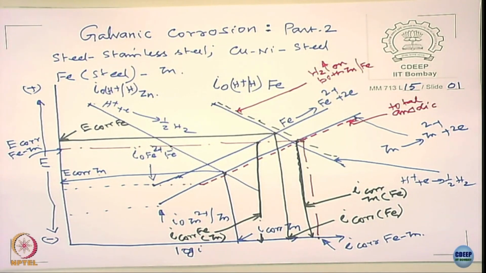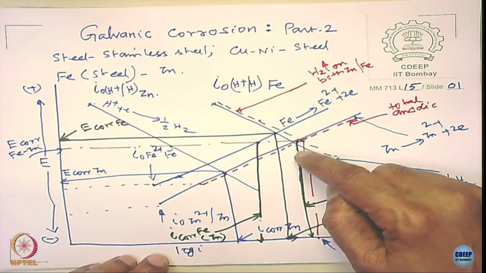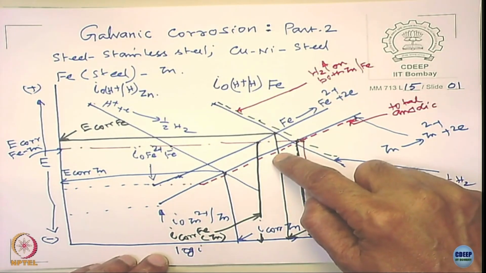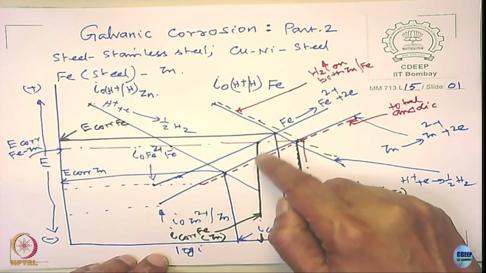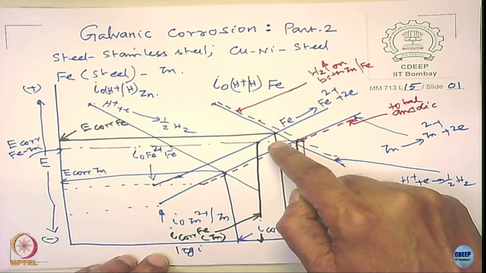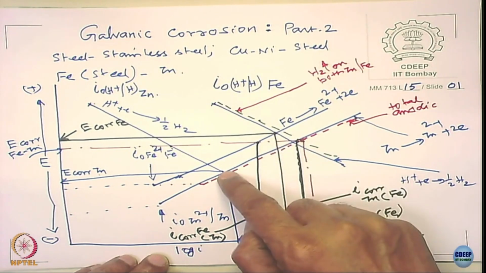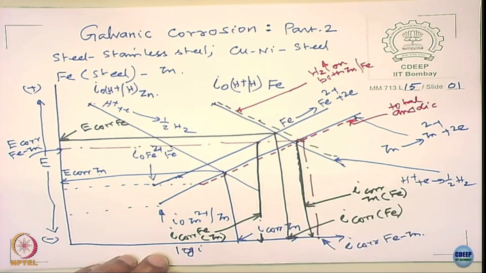Now you know that the dissolution of iron is getting reduced from here to this. Zinc is increasing, sorry, zinc is moving from here to this actually, okay. So this is what happens.